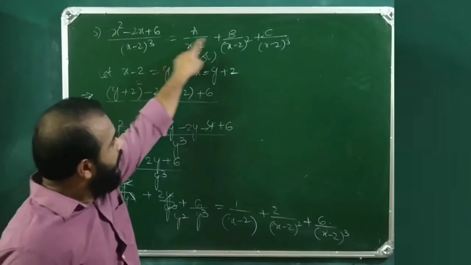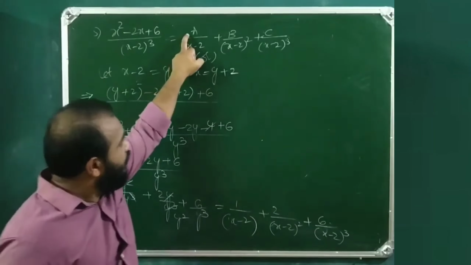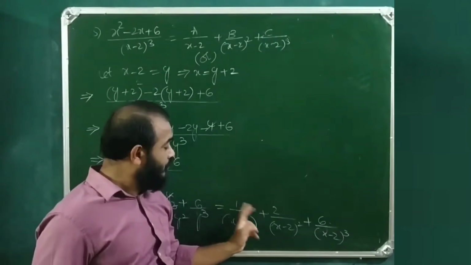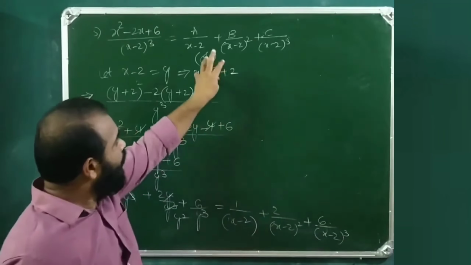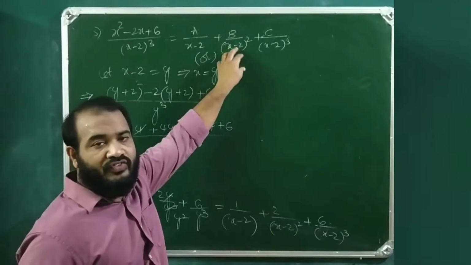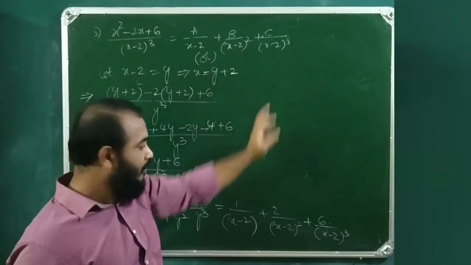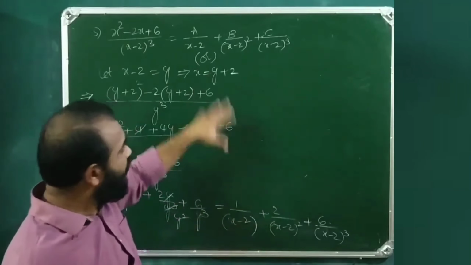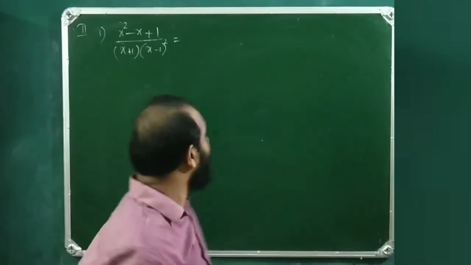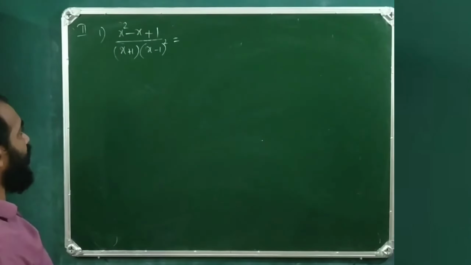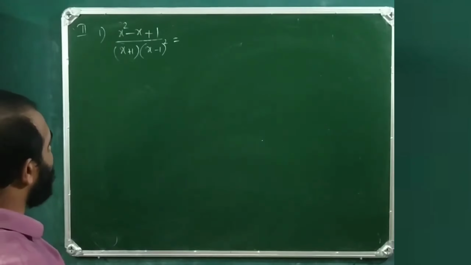So A equals 1, B equals 2, C equals 6. If we proceed through the earlier process, it will be lengthy compared to this alternative method. This alternative method is useful here.